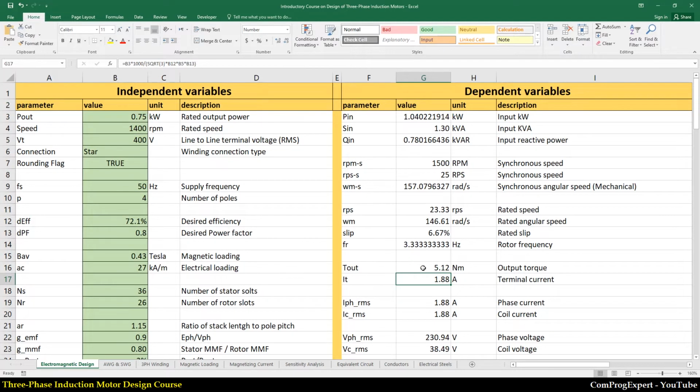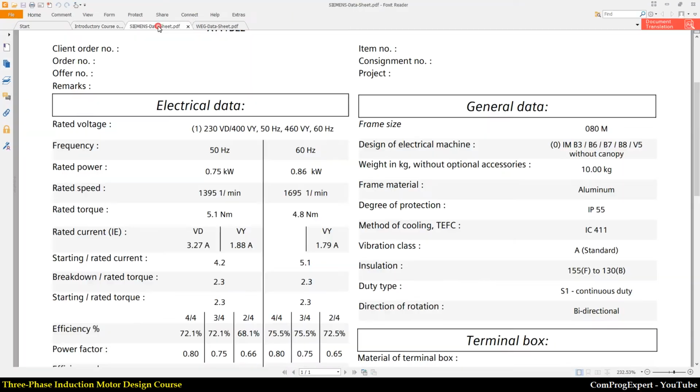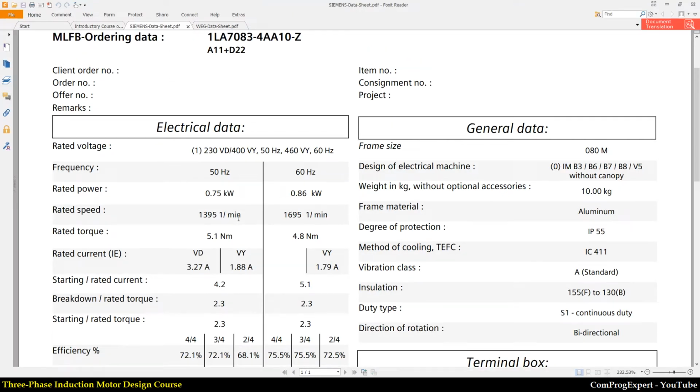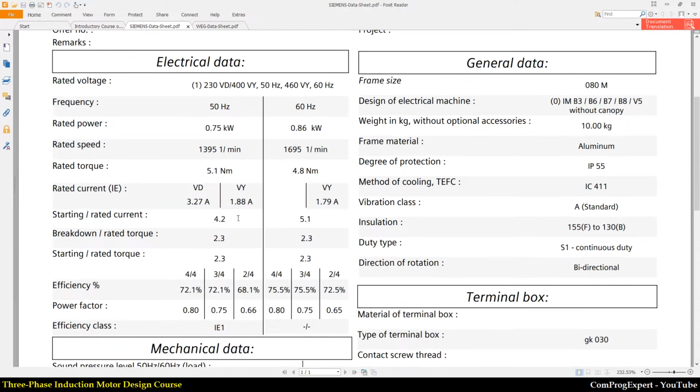This is our goal. So let's check the value of torque for the Siemens motor and the WEG motor, our benchmark motors. You can see the value of rated torque here, 5.1 Newton meter, when the supply frequency is 50 Hertz.